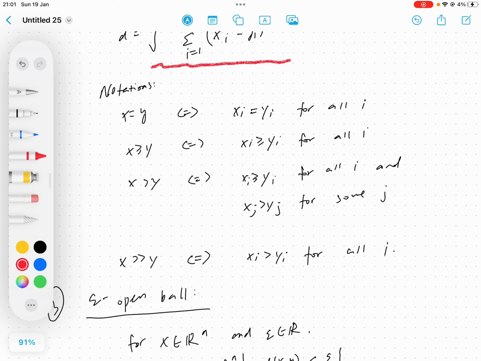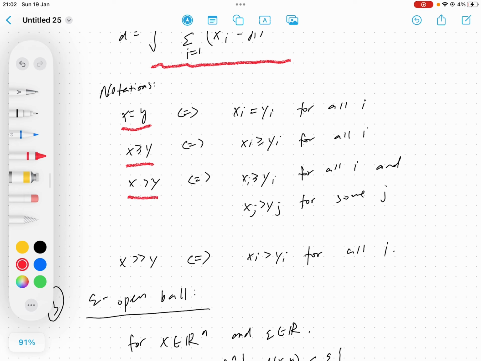If we say that x equals y, then this is if and only if for each dimension, all those dimensions are equal to each other, right? And if we say x greater than or equal to y, then this means that for all the dimensions pairwise, x is greater than or equal to y, right?